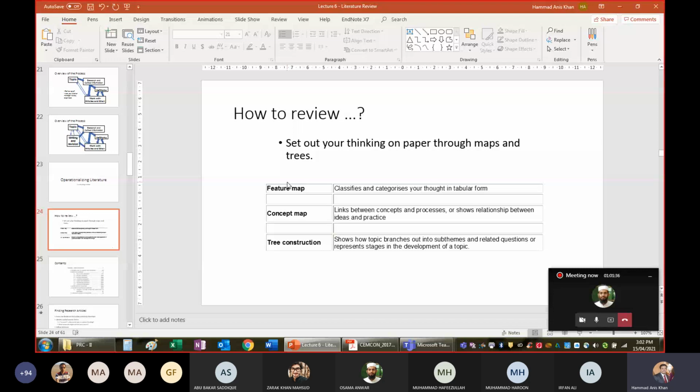Try to create a reference map, starting from the latest research paper, then go to the references of that paper and create a map, and then create links between the papers which you are studying. It will help you in pinpointing a problem which you want to study.